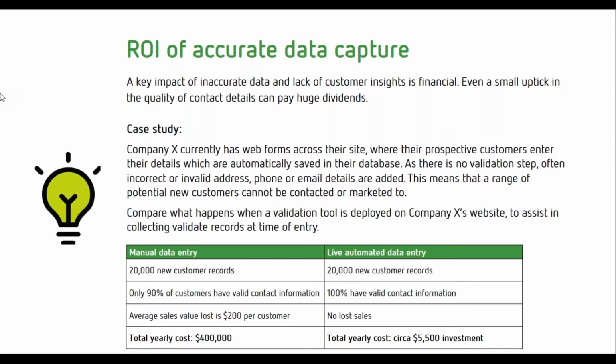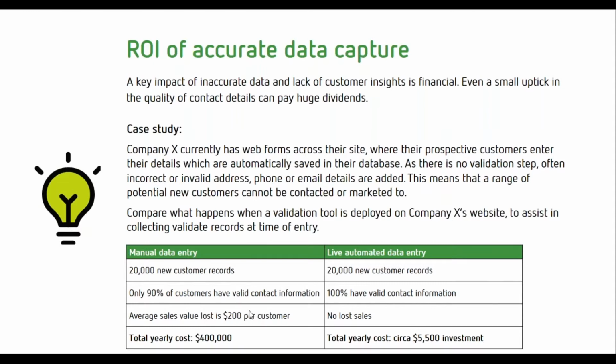So compare what happens when the validation tools are deployed on the website, or again, it could be equally in MS Dynamics 365. Over here, we'd get manual data entry, 20,000 new records, 90% would have good valid contact information. It's probably generous in some circumstances from what we see.